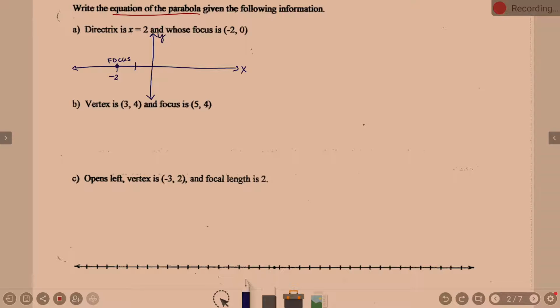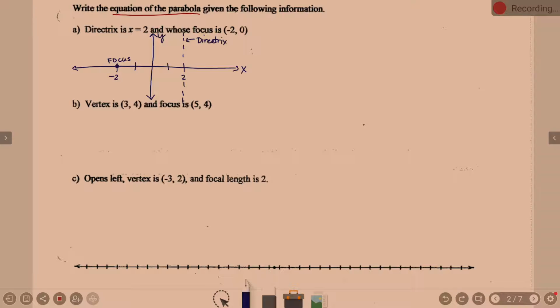We have a directrix at x equals 2. And what does a directrix of x equals 2 look like? Well, that is a vertical line going through 2. Does that help you know which way your parabola is going to open? Which way is my parabola going to open here?